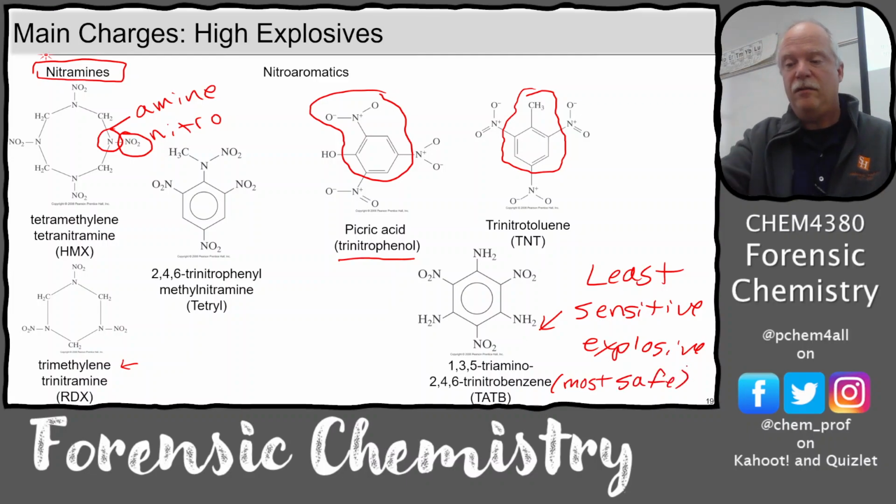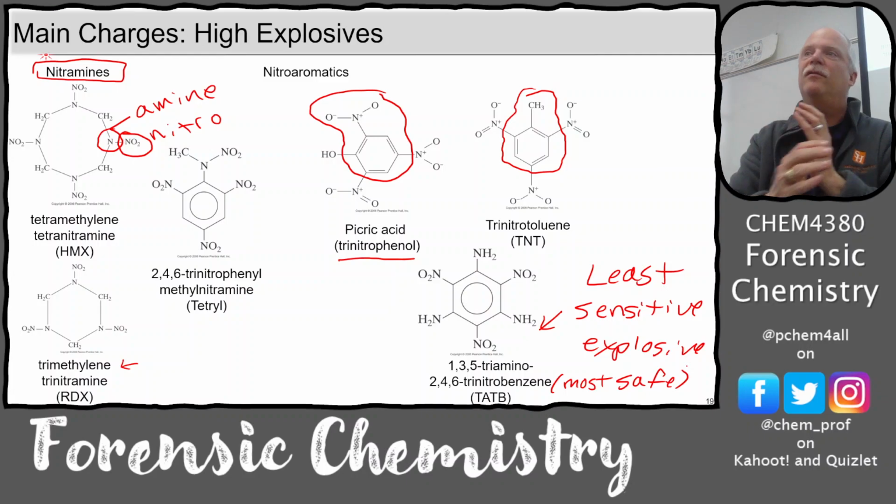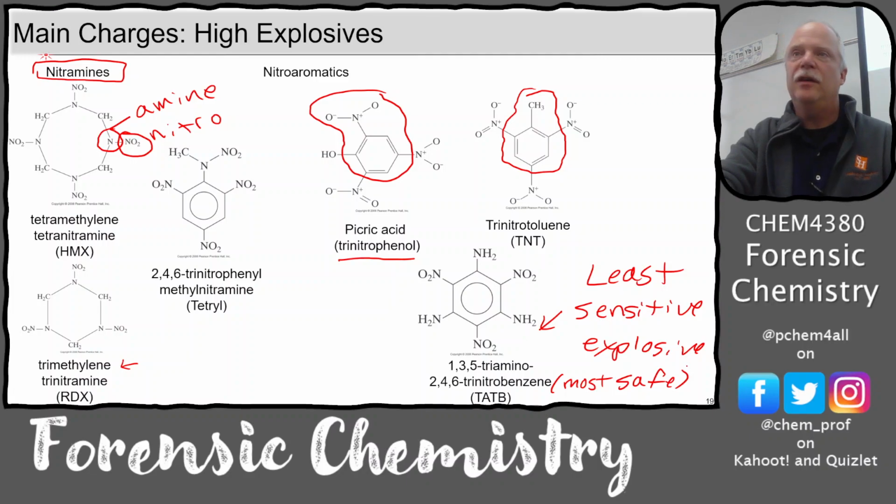You can shoot that with a 50 caliber weapon and it won't go off. You actually need an explosive to set this off. So they'll make a detonator, they'll have a booster, which is one of these other explosives, and then that explosive will set off the TATB. Now it gives you quite a bit of power, but it's very safe. And so unless you shoot the detonator, it's not going to go off.